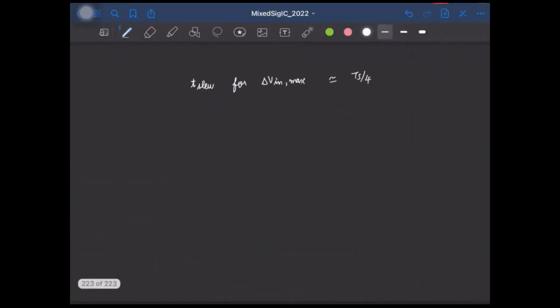And with this choice, if you find that the linearity you get is not good enough, you can improve the linearity by reducing this slewing time. And this can be done by increasing the bias current of the OTA. Okay. So let's stop at this point and continue from the next class.